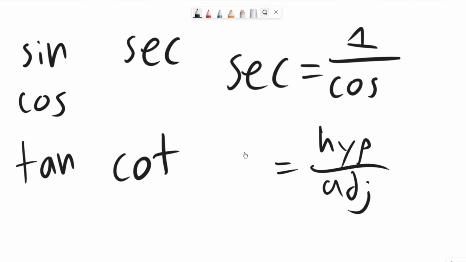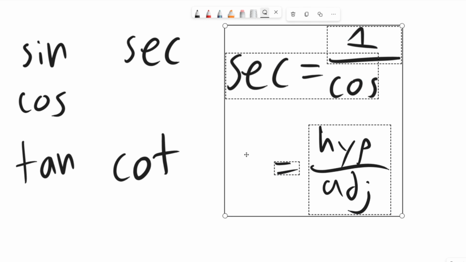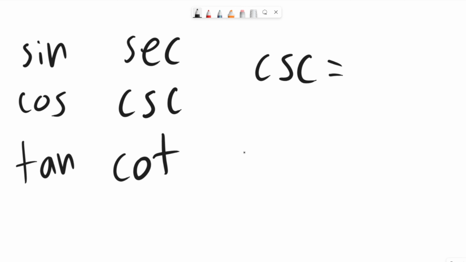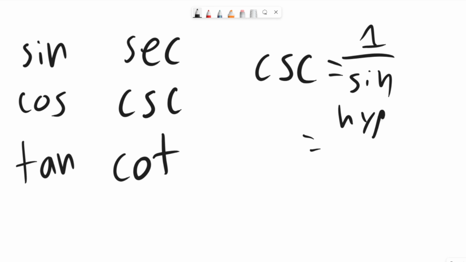And then there is the complementary version of it, cosecant. Now cosecant is 1 over sine, which is the hypotenuse divided by the opposite.